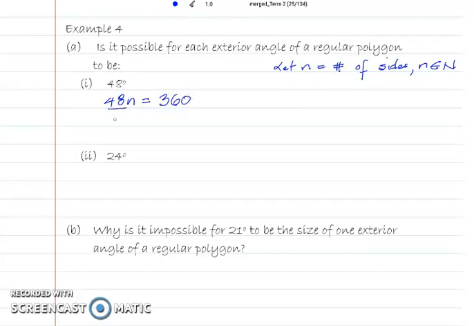If I divide both sides by 48, I'm going to get n. Therefore, n would be equal to 360 divided by 48, and we get 7.5.